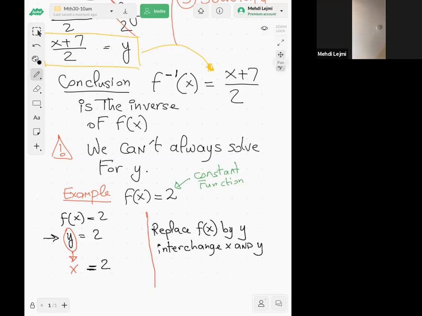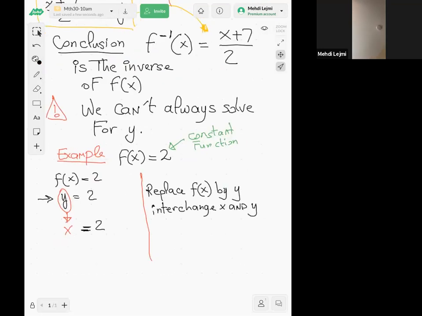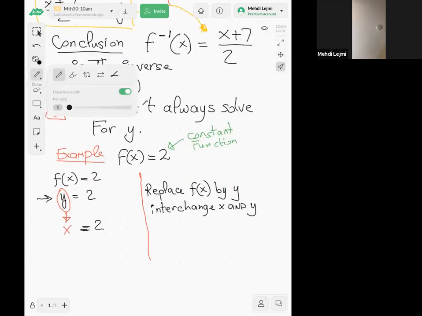Now I'm supposed to solve for y, but there's no y, so I cannot solve for y.